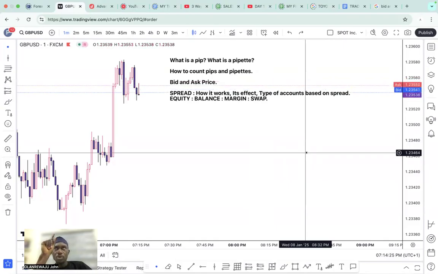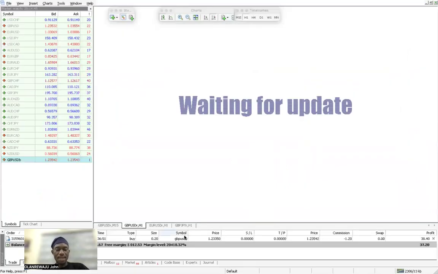But you can see that what is reading is maybe $54.6. That means that they've removed 20 cents as their swap. So swap is just that fee that your broker charges you for holding a position overnight. However, what's the difference between equity and balance?